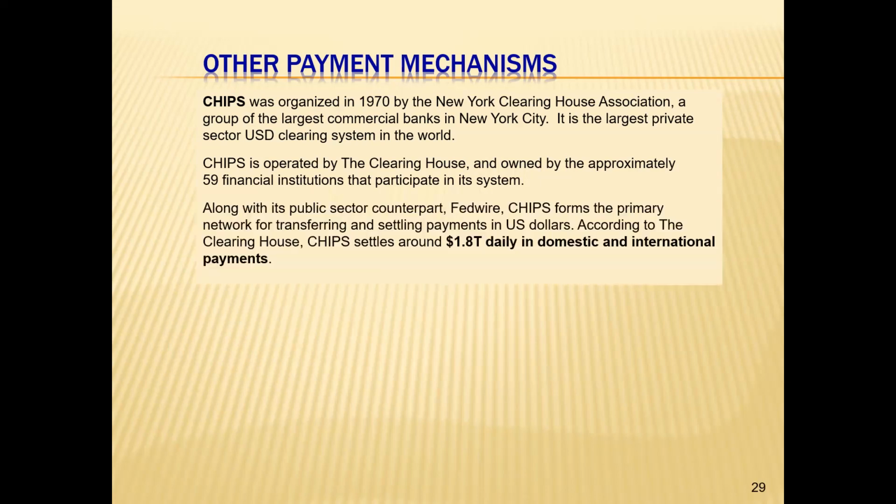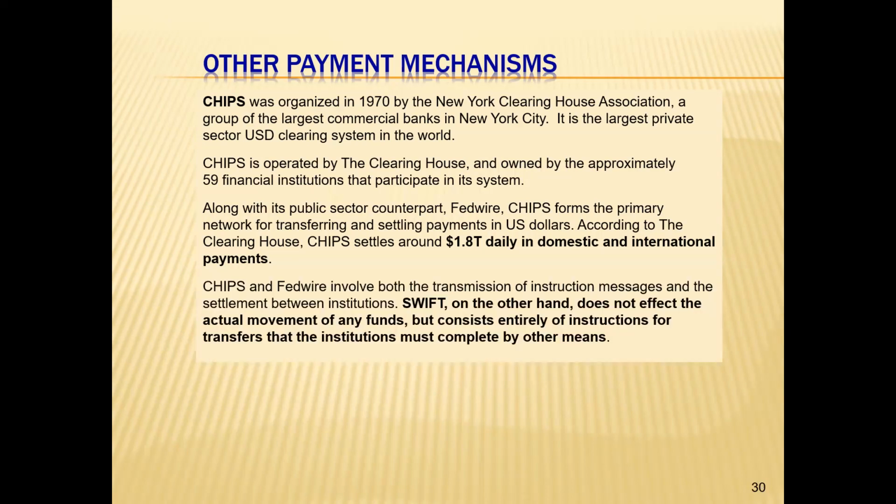Along with its public sector counterpart, Fedwire, CHIPS forms the primary network for transferring and settling payments in US dollars. According to the Clearinghouse, CHIPS settles around $1.8 trillion daily in domestic and international payments. So they too are very high dollar volume.